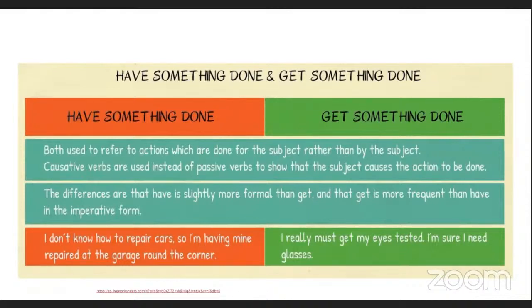Okay, and also with the present simple, like I will have, the verb is going to be in the simple past. I think so. Yes, because you are using have in the present tense.